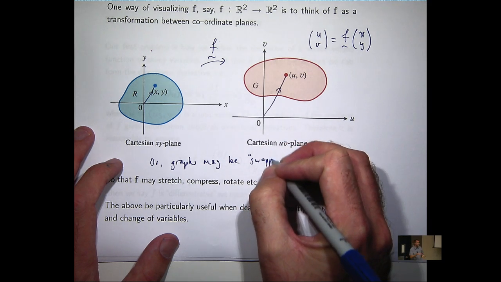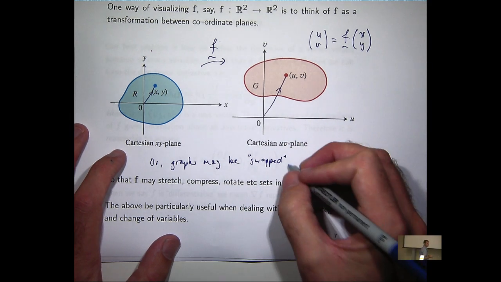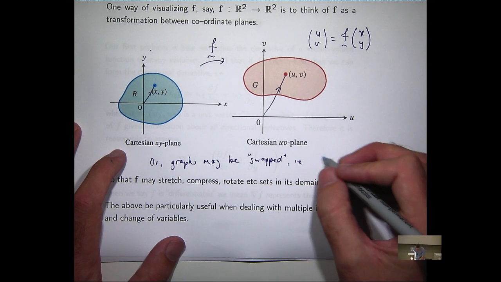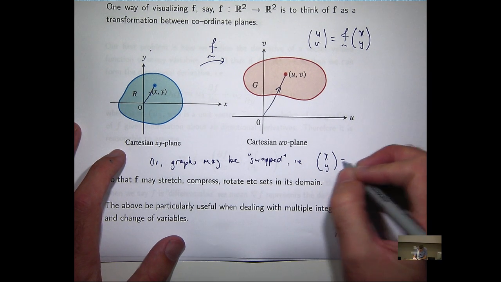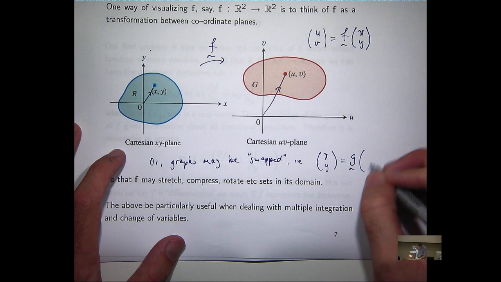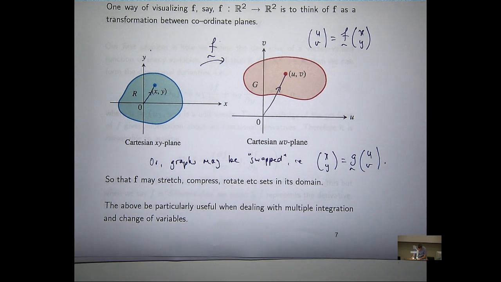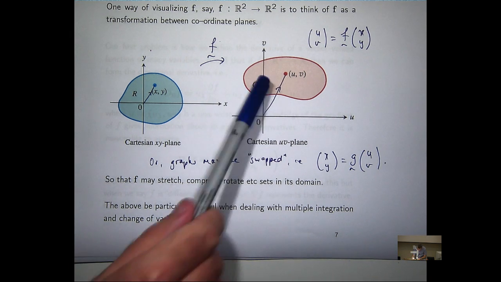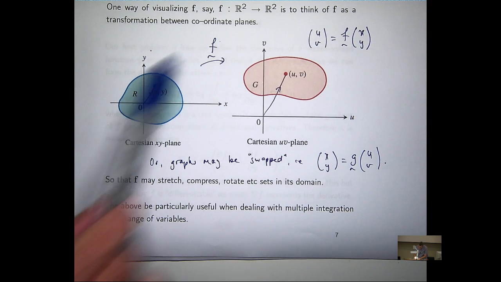By swapped, I mean reversed here. So you might have this, say, your domain, and you're mapping into the xy plane.